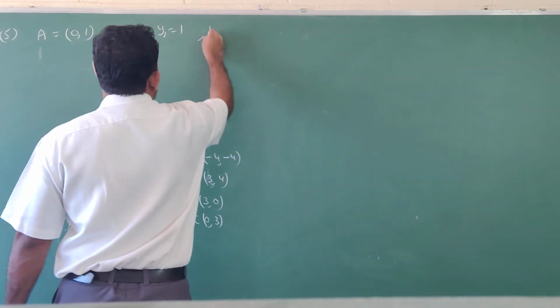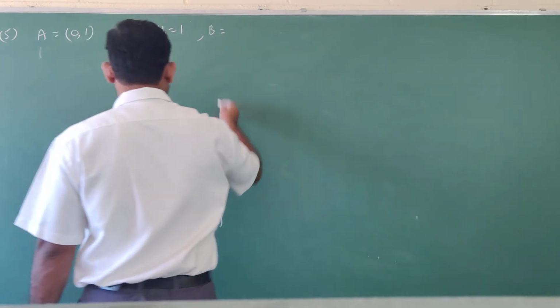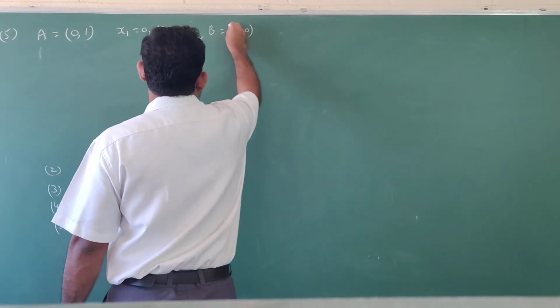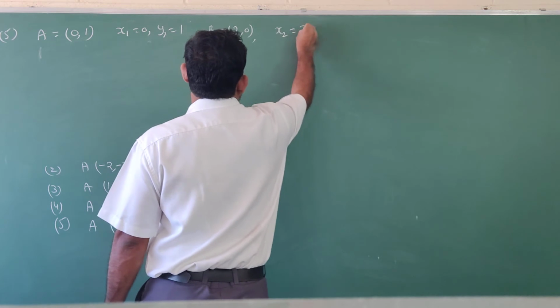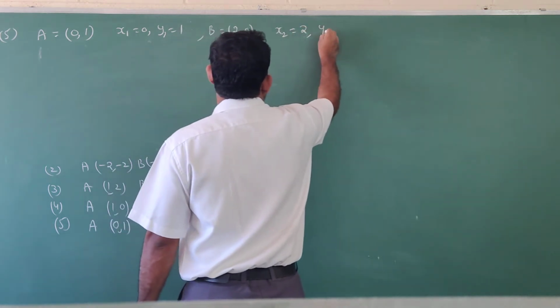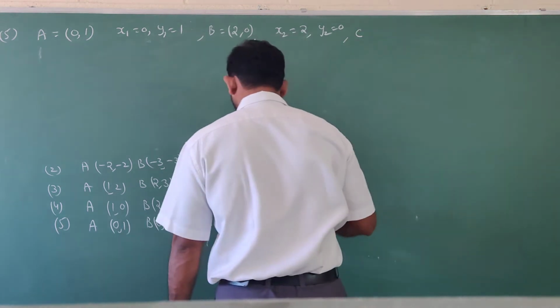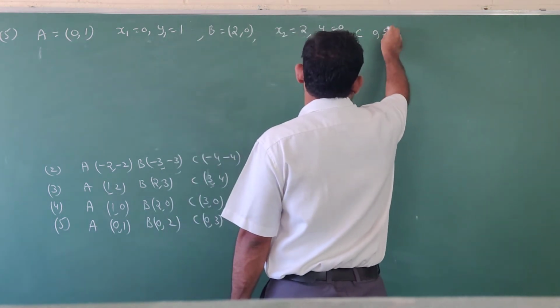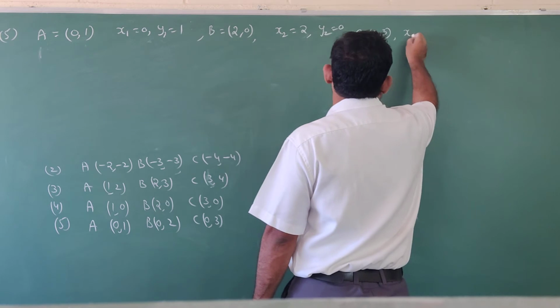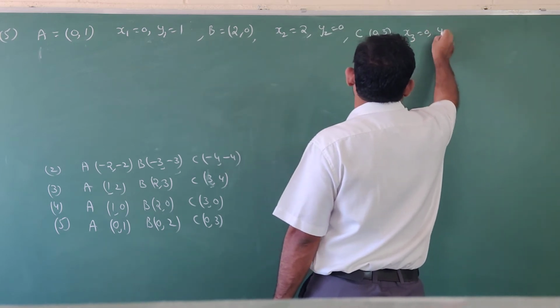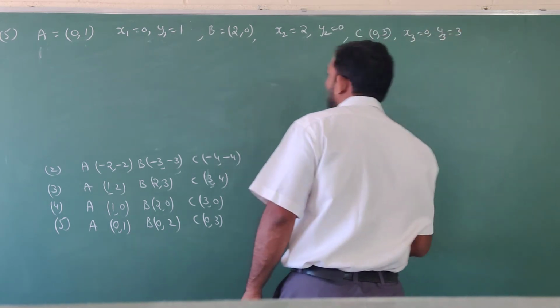B point (2, 0), so x2 is equal to 2, y2 is equal to 0. Next, C point (0, 3), so x3 is equal to 0, y3 is equal to 3.